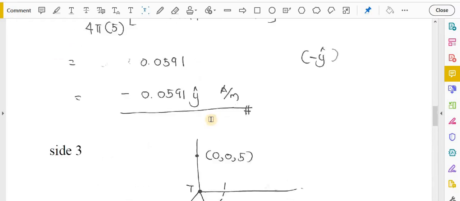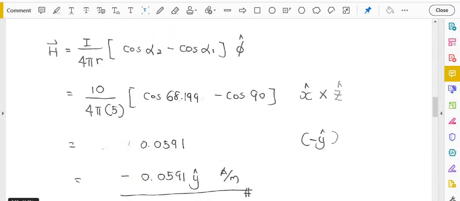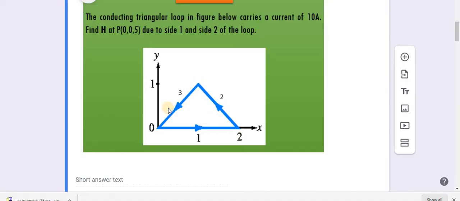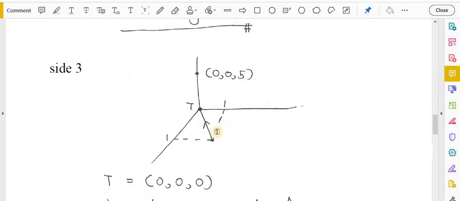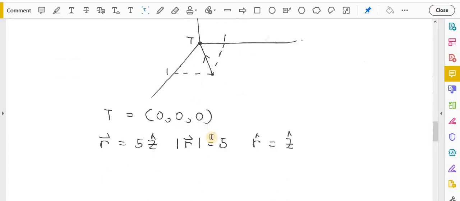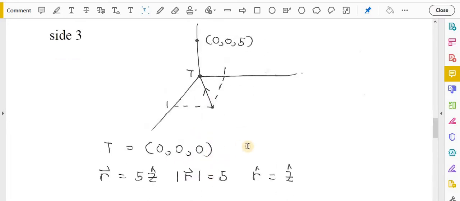As for your side 3, this one is your side 3, from here up to the origin. First of all, you also have to find the point T. In this case, point T will be equivalent to (0, 0, 0) as well.